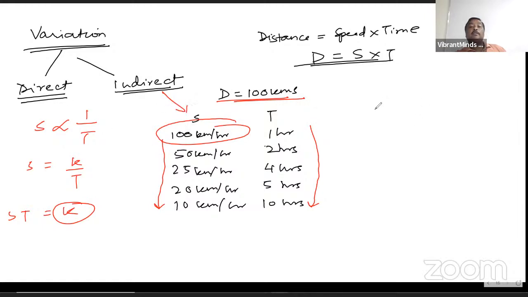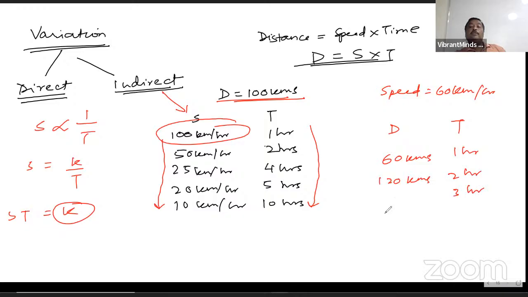Now for direct variation, let's say I will take speed as 60 kilometers per hour. So we will see distance and time. If the time is 1 hour, the distance will be 60 kilometers. If the time is 2 hours, the distance will be 120 kilometers.